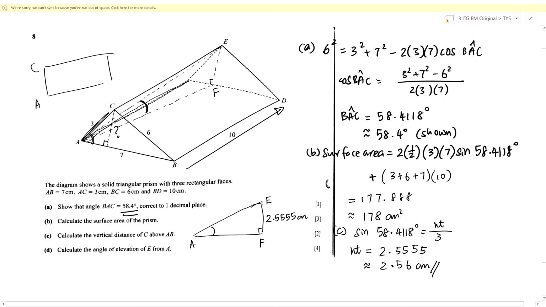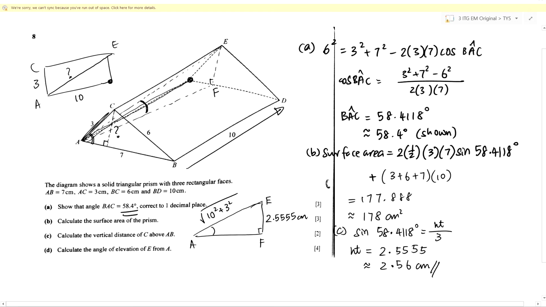It is actually a rectangle, with an unknown point over here that was not listed. So A to E, we want this distance. Here we have 10, and this is 3. So AE is given by the square root of 10 squared plus 3 squared.